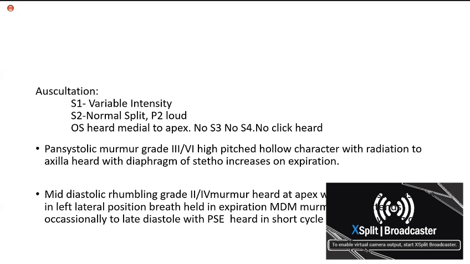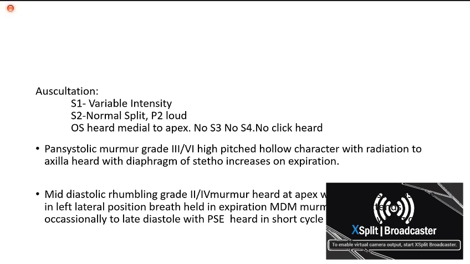Similarly, if the patient is having a long diastole and the rumbling murmur is heard till the late diastole, it obviously means that there is a good gradient across the mitral valve, even when there is a long diastole. So these 2 points will help us to make out the grade of the mitral stenosis.